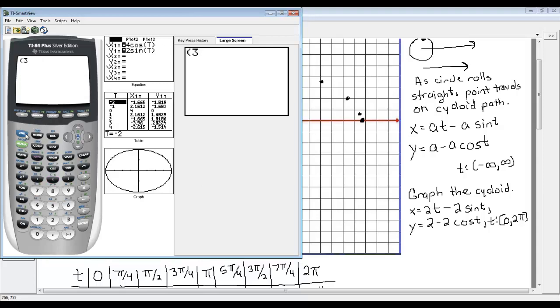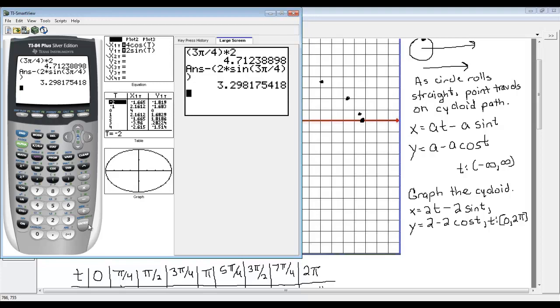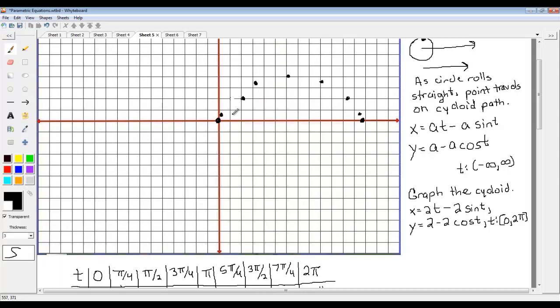Alright, 3 secant pi divided by 4, and then that's the t, and we're timesing by 2, and then we're subtracting 2 times sine of 3 pi over 4. You get around 3.3.